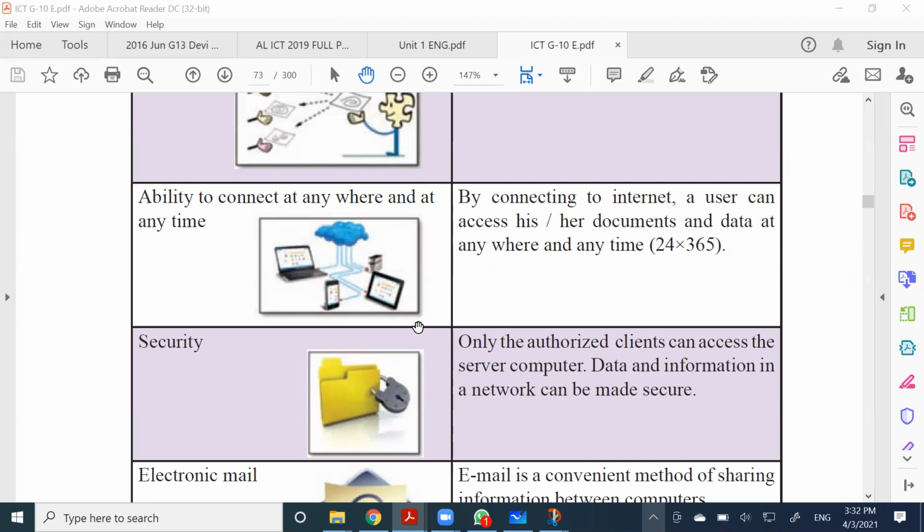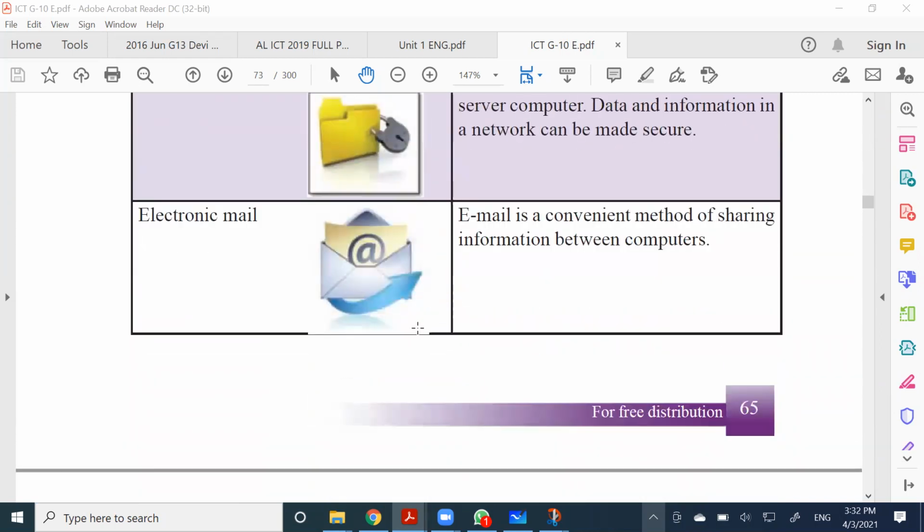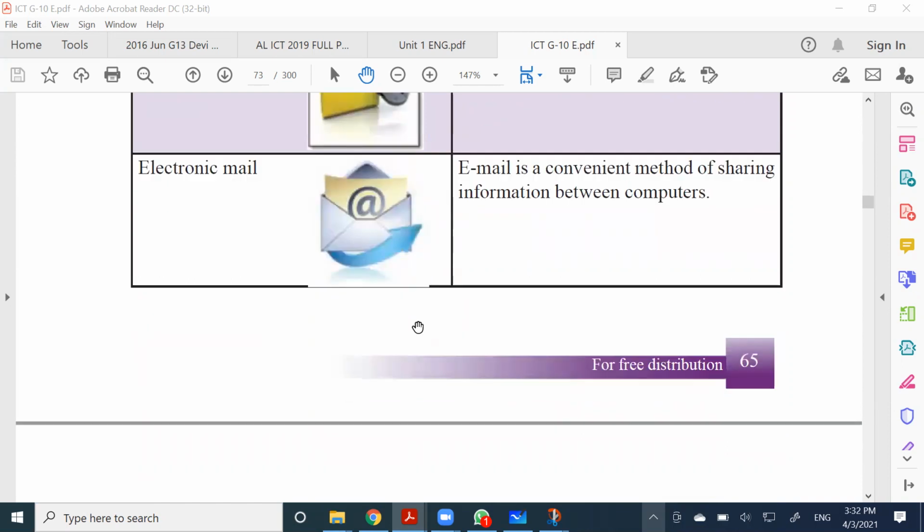So compared to a standalone computer, which is a computer that is not connected to anything, a network has higher security, right?